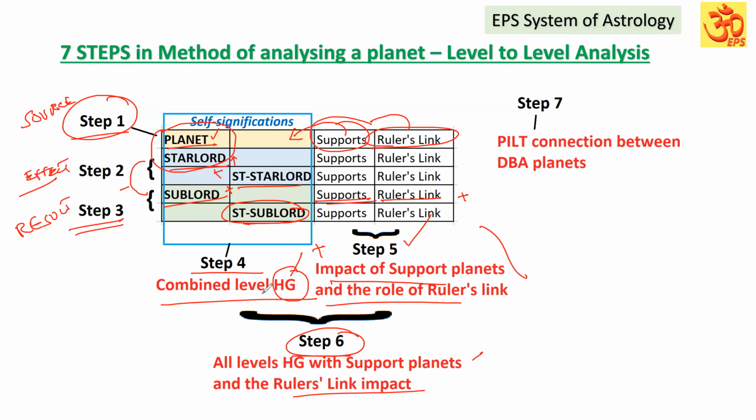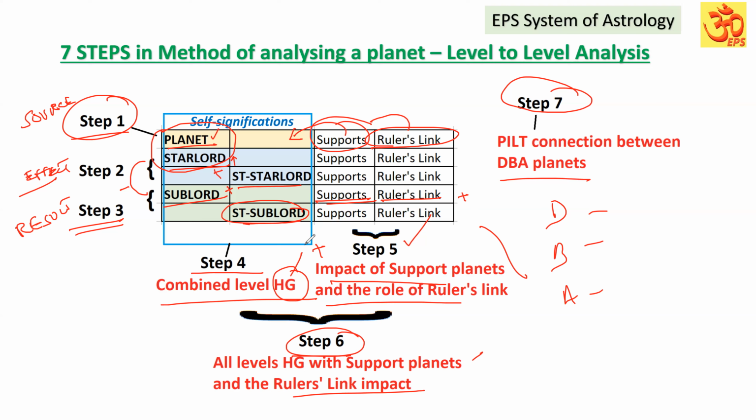So steps 1 to 6 are on the total signification of a planet. Then comes step number 7. Step number 7 has nothing to do with studying self-signification, a planet's total signification strength, but it is importantly connected to the Dasa, Bhukti, Antra predictions.